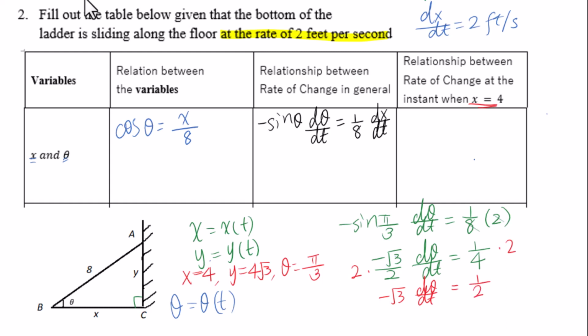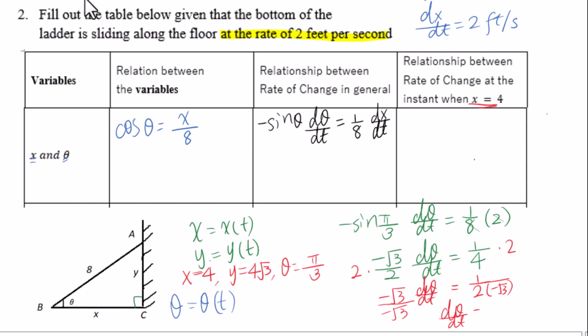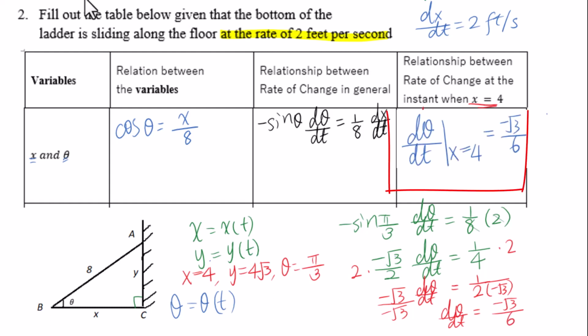Then divide by negative square root of 3 both sides. d theta by dt equals negative square root of 3 over 6.